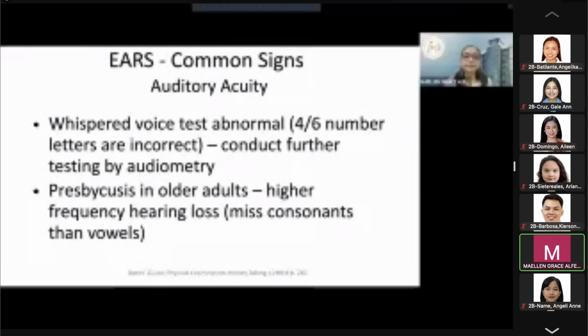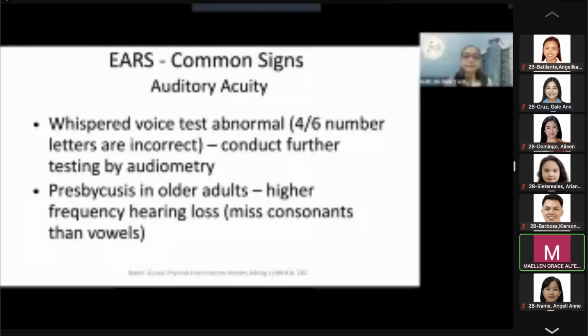Now, to differentiate the two, we already mentioned the two tests, which are the Weber and Rinne tests. The Weber test is good if you have only a unilateral hearing loss. For a unilateral conductive hearing loss, it lateralizes to the impaired ear.